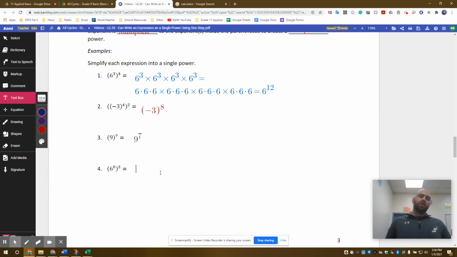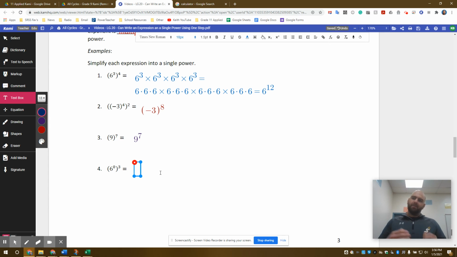Okay, last one, we're going to throw that exponent 0 in, mix it up a little bit. Here we have a base power of 6 to the power of 0 raised to the power of 3. Now we know that 6 to the power of 0 is 1, and 1 to the power of anything is just 1. So this should still be to the power of 0, and it is. You'll notice that we have a 0 on the inside and a 3 on the outside. 0 times 3 is 0.